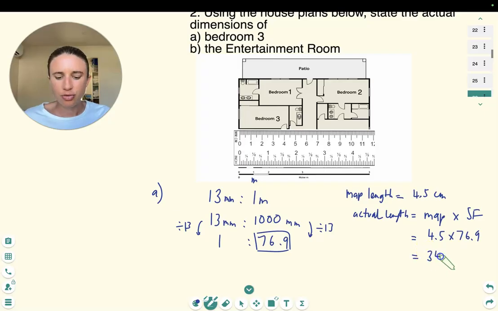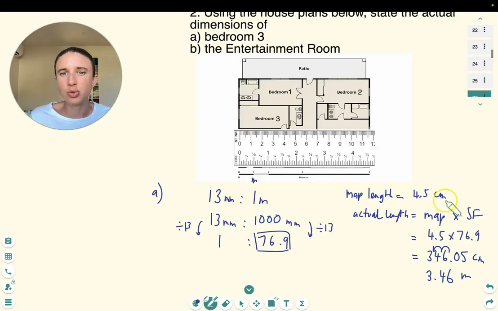Okay, 346.05, and we plugged in centimeters, so we should get out centimeters. And we don't usually say 300 centimeters is the room. We might say meters. Okay, so let's convert that to meters. 3.46 meters is our actual length.